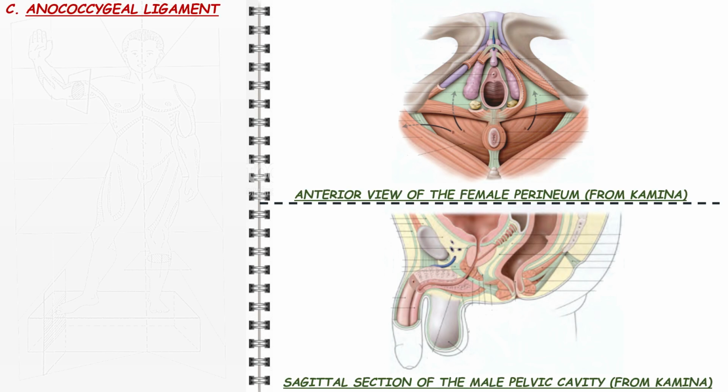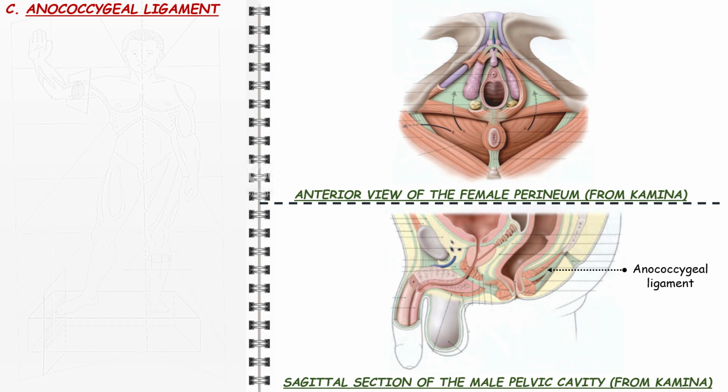The fibers of the iliococcygeus and pubococcygeus parts of levator ani interdigitate in front of the coccyx as the anococcygeal raphe, which extends from the tip of the coccyx to the anorectal junction. Raphe and skin diverge from each other as they pass forwards to the upper and lower ends of the anal canal.